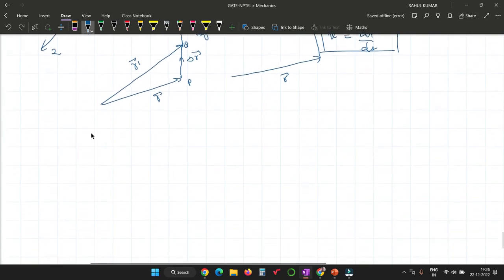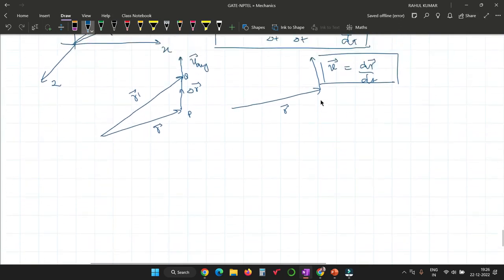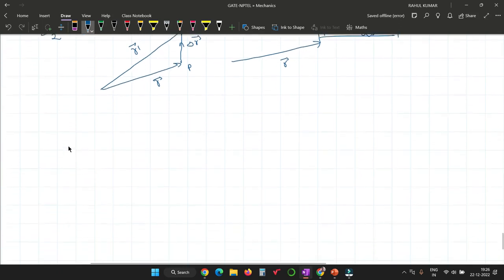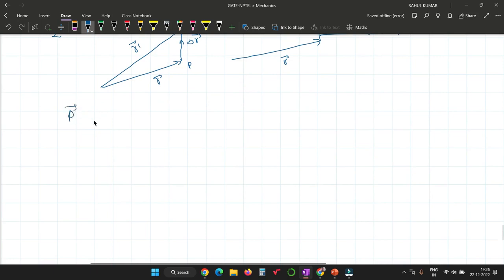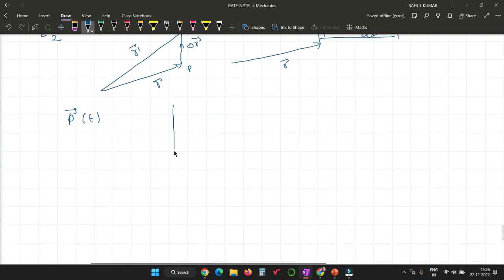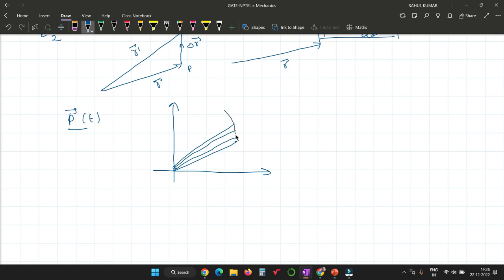This is applicable everywhere, not here only. Suppose you have a vector function, which is nothing but the vector p of time t, and you want to see the value of p at each interval of time. This connecting point is nothing but the curve.